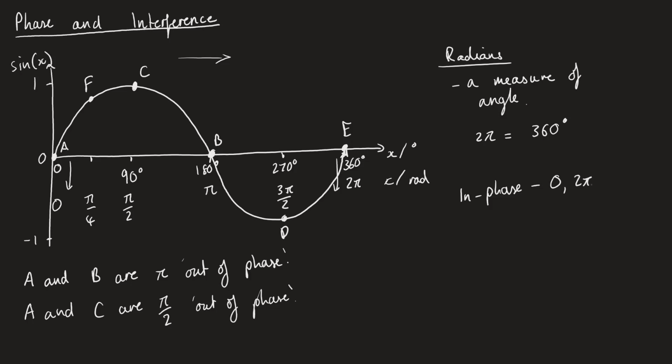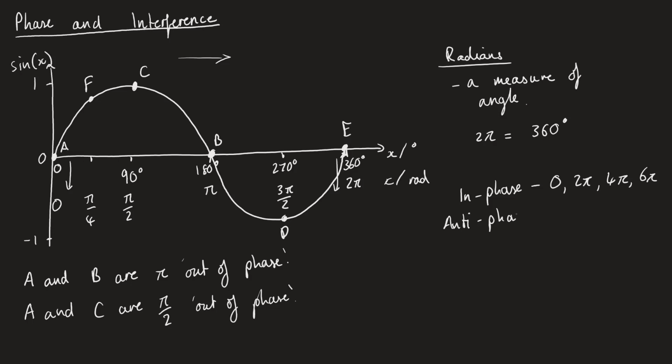You're 2 pi apart. Then we could imagine we had a whole extra wave. We could be 4 pi. We could be 6 pi. So basically, any even value of pi means that you're in phase because you're performing the exact same movements at all times.